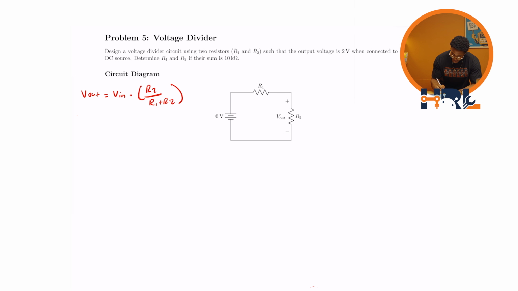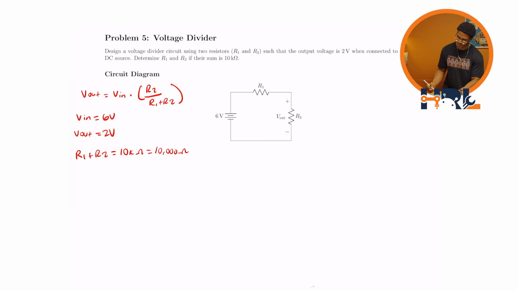We have our V in of 6 volts and we have our V out of 2 volts. We know that R1 plus R2 is equal to 10 kiloohms, which is 10,000 ohms. Cool, we have everything we need to solve this problem. All we need to do is plug in the values and solve for R2.